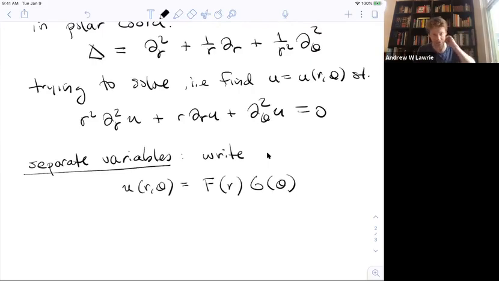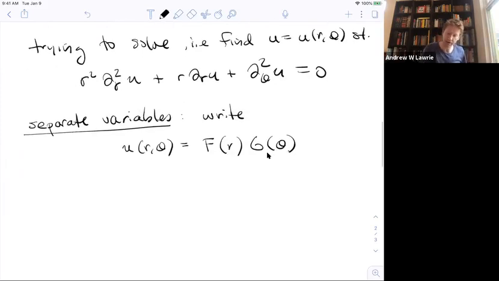Imagine that the solution just consisted of a product like this, where one function depends only on r and the other only on theta. Then if I translate this equation to what happens to F and G, I arrive at the following equality.